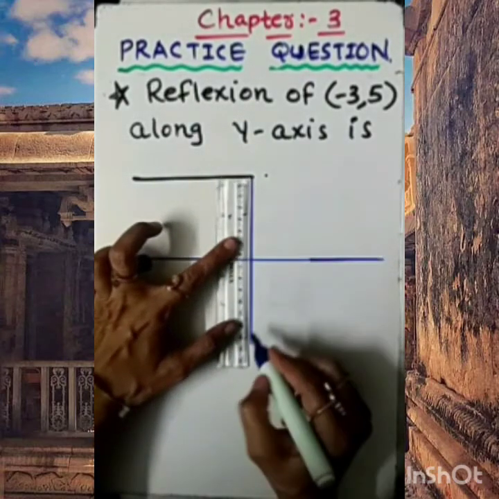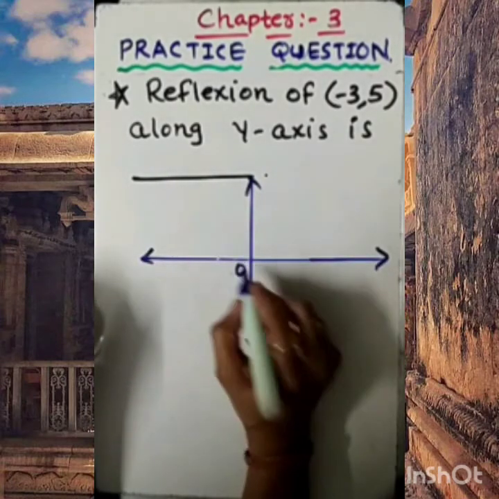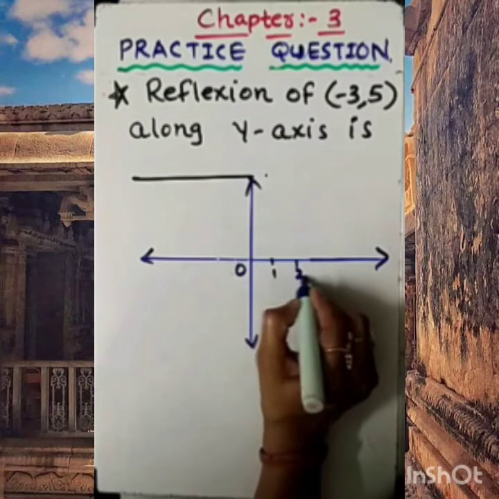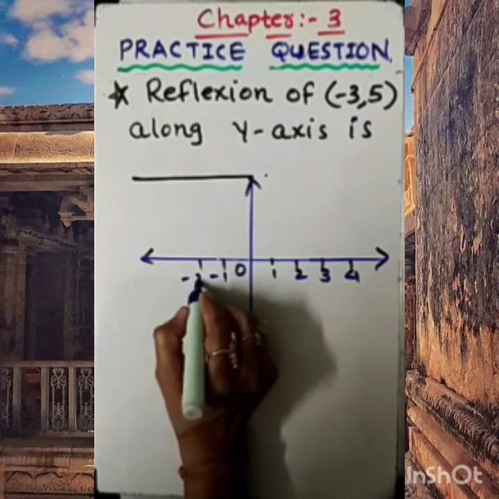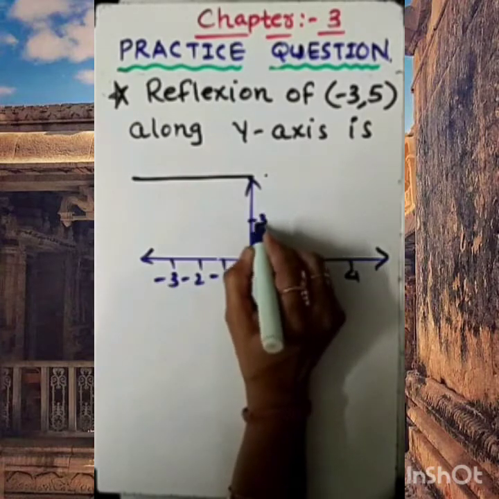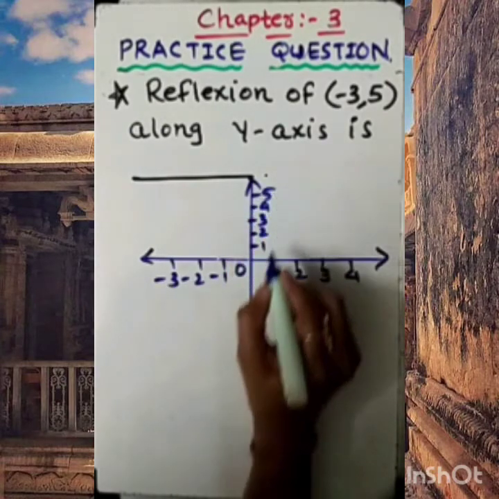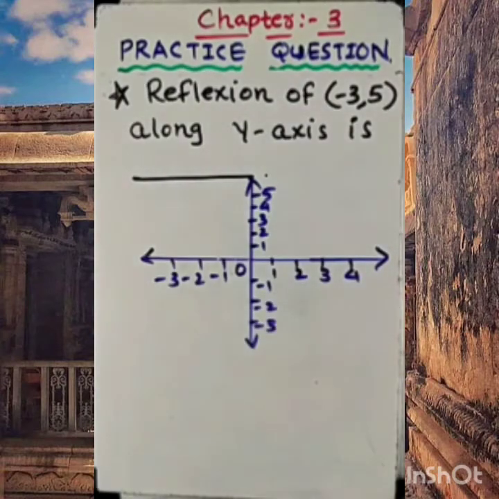Agree? So this point we will find here somewhere. This is roughly 0, 1, 2, 3 we are mentioning roughly. Here minus 1, minus 2, minus 3, this side 1, 2, 3, 4, 5. This is minus 1, minus 2, minus 3 like that. Okay.